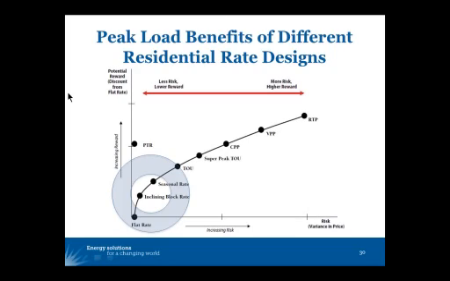What was meant in this particular slide by the author of this paper was that with an inclining or seasonal rate, customers can pretty well know in advance and control their usage and not have a lot of risk of a surprise in their bill.